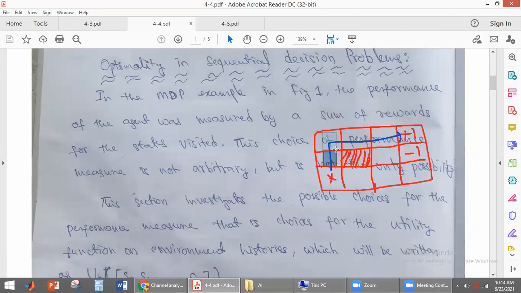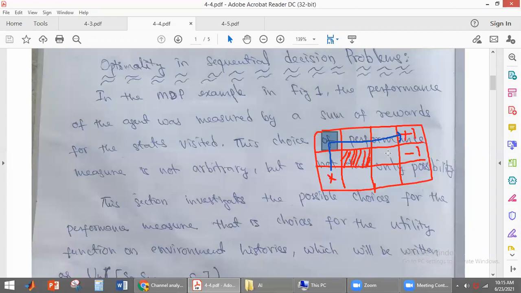Again, it takes the action up and reaches this state. Like that, the agent reaches different states on the way to the terminal state, so we have the environment history.